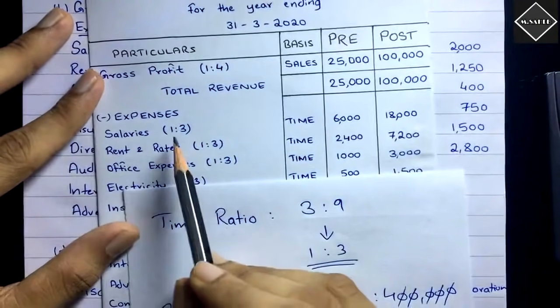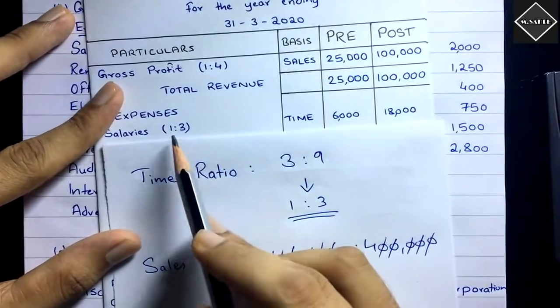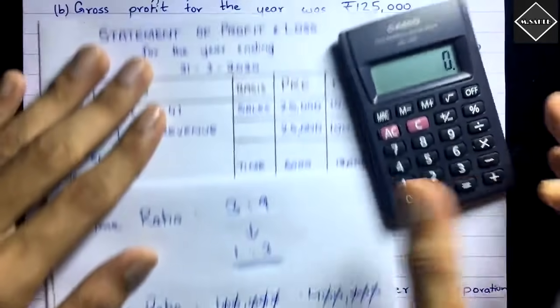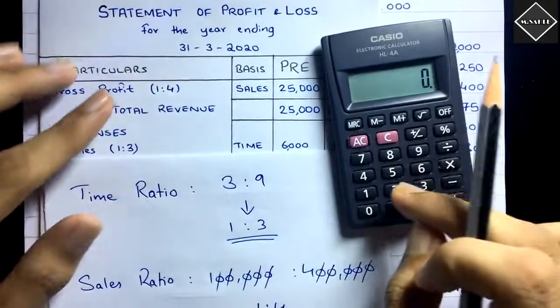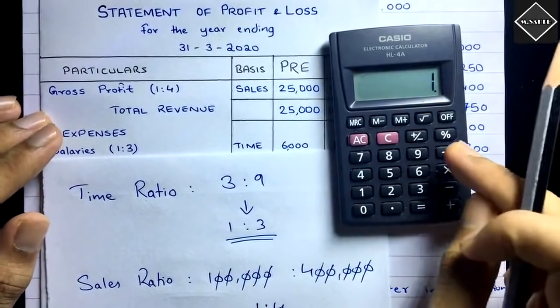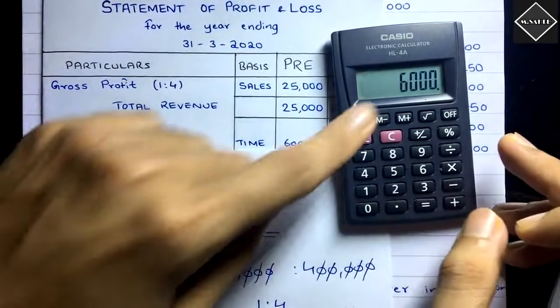Salaries, time ratio is 1:3. So salaries will go on the time ratio. How did I do that? Salaries total is 24,000. So 24,000 into 1 divided by 1 plus 3, that is 4 divided by 4, which is equal to 6,000.